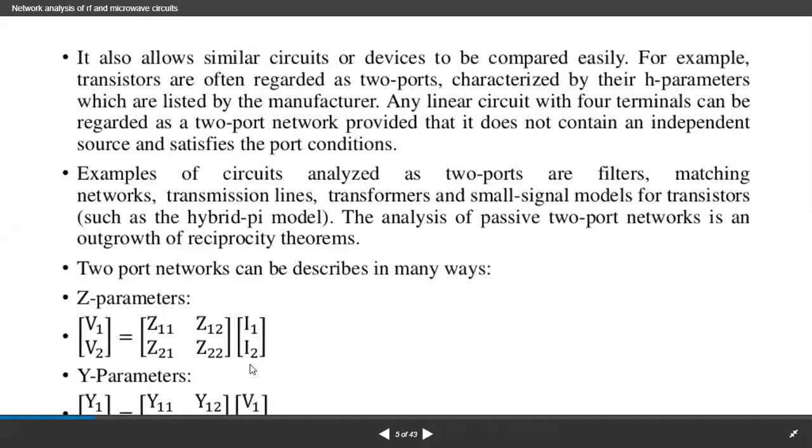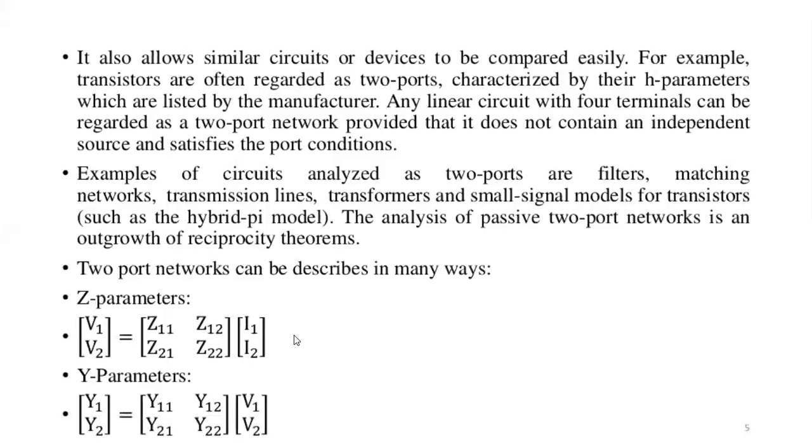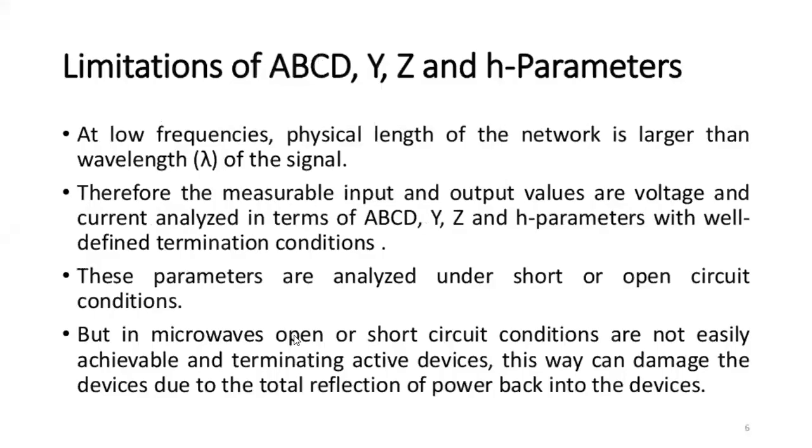Similarly, for the Y parameters, I1 and I2 are equal to the matrix Y11, Y12, Y21, Y22 multiplied by the voltages V1 and V2. Similarly, you have to write for the H parameters.